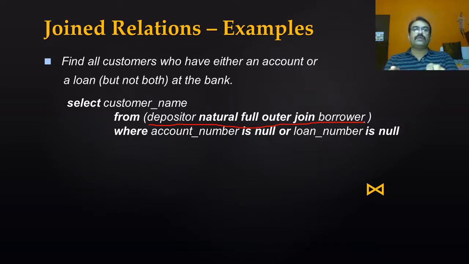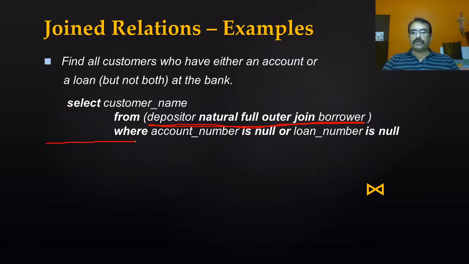Depositor full outer join borrower using customer name is possible. Okay, because in depositor and borrower what we have in common is the customer name. So this particular portion, the subquery which is mentioned in the from clause, is going to produce a table.